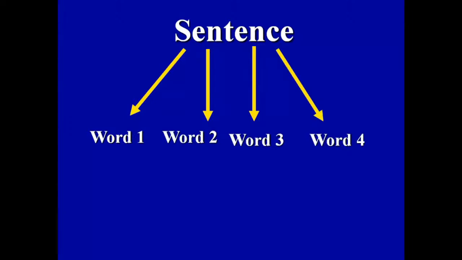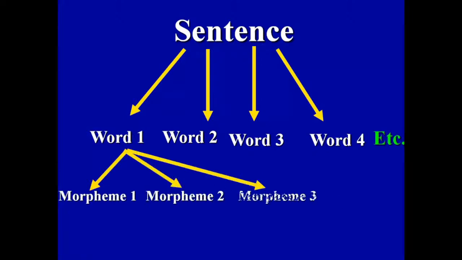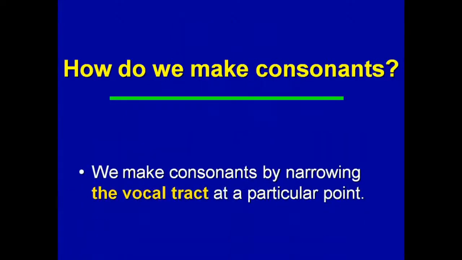So we have some kind of hierarchical organization between the different units. At the top we have a sentence composed of word 1, word 2, word 3, word 4, etc., and every word is composed of different morphemes. Notice also that the morpheme itself can be composed of different sounds.